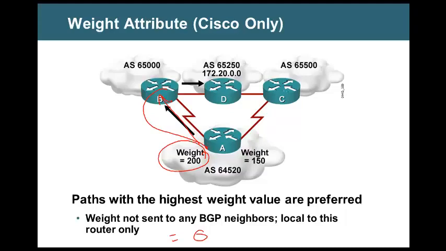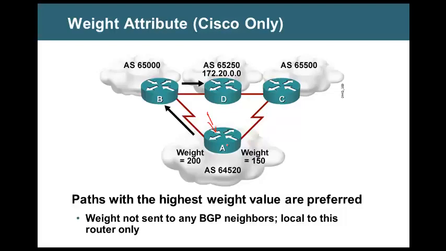The same thing I may be learning from C, but because the weightage is lower for C, I don't prefer that way. I prefer this way because of the weightage. And this is not for the entire AS. The scope of the attribute is only within the router, local to that router.